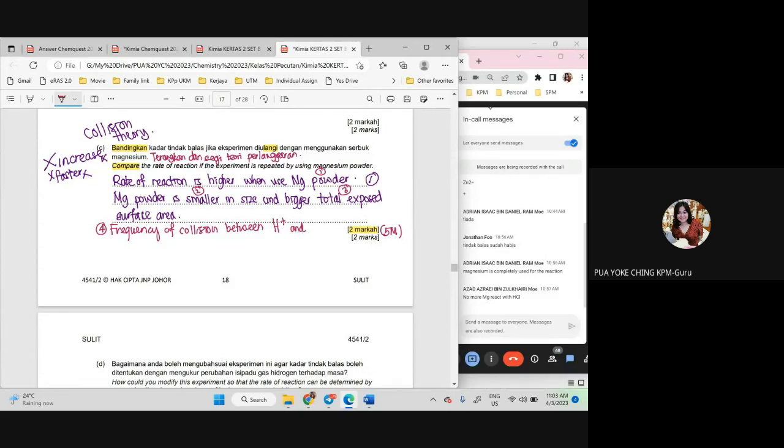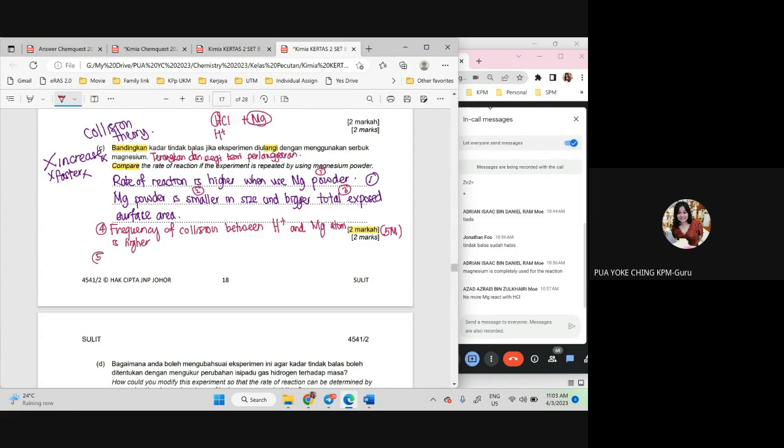Tengok. Ini ialah HCl tambah Mg. So, cikgu dah kata HCl pakai H+. Mg ni seorang je kan? So, mestilah dengan Mg saja. Jangan pandai-pandai jadi plus. Tak ada. Okay, you nak lengkap dan Mg atom. Dia tak ada charge. It's Mg atom. So, frequency of collision between H+ and Mg atom is higher.